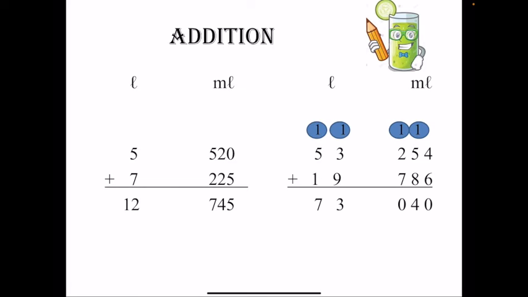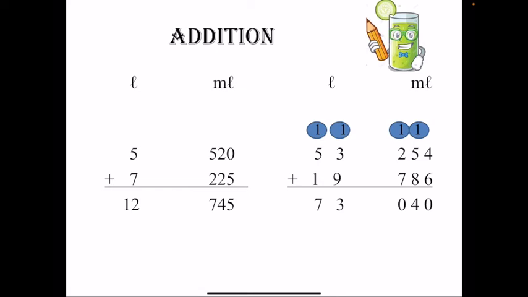Here the two capacities which I have taken are 53 liters 254 milliliter plus 19 liters 786 milliliter. Okay children? Now we have to add them. So as you can see, we have arranged them in milliliters and liters column, and we will start the addition from the extreme right. 4 plus 6.